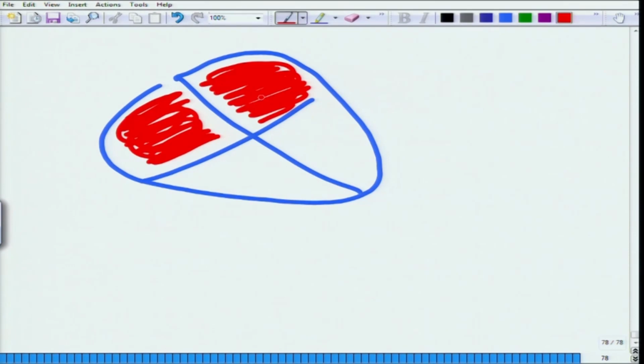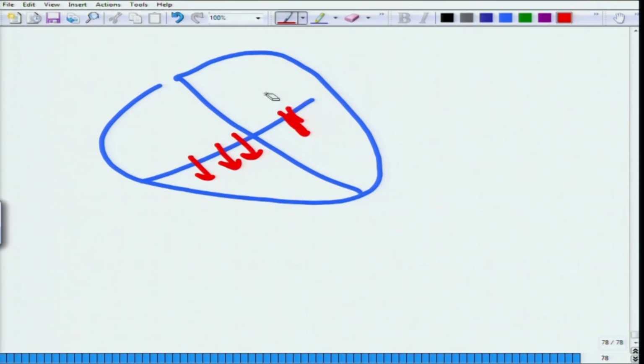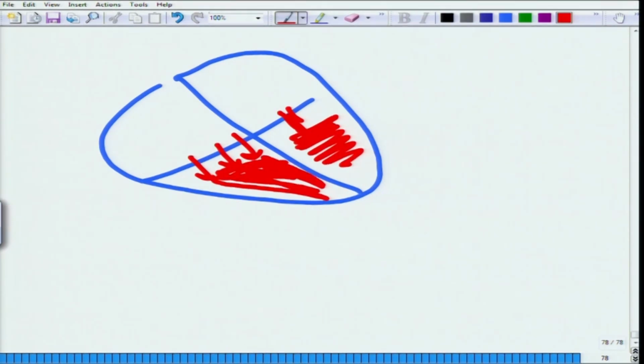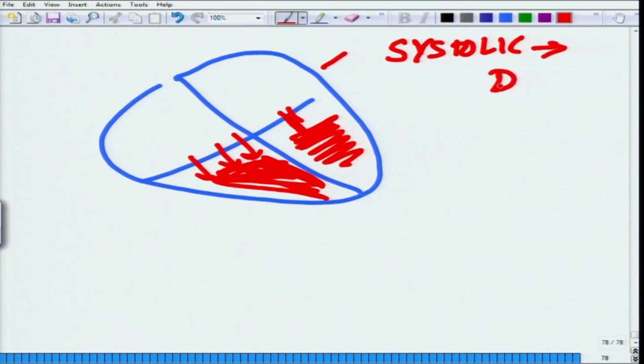Then from here the blood starts moving to this chamber. When it moves here, the blood is slowly getting depleted in this zone, and the blood is filled in this zone. Initially this was in the systolic phase, then it moves to the relaxed phase, which is the diastolic phase.